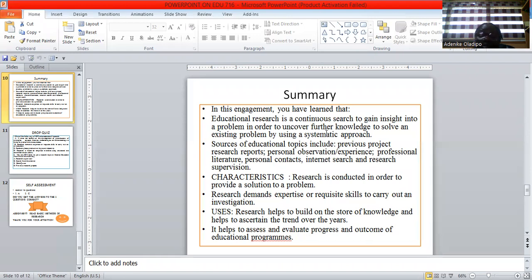We said research helps to build on the store of knowledge and helps to ascertain the trend over the years. It helps to assess and evaluate progress and outcome of educational programs. These are the key points of what we have discussed during this time of engagement.